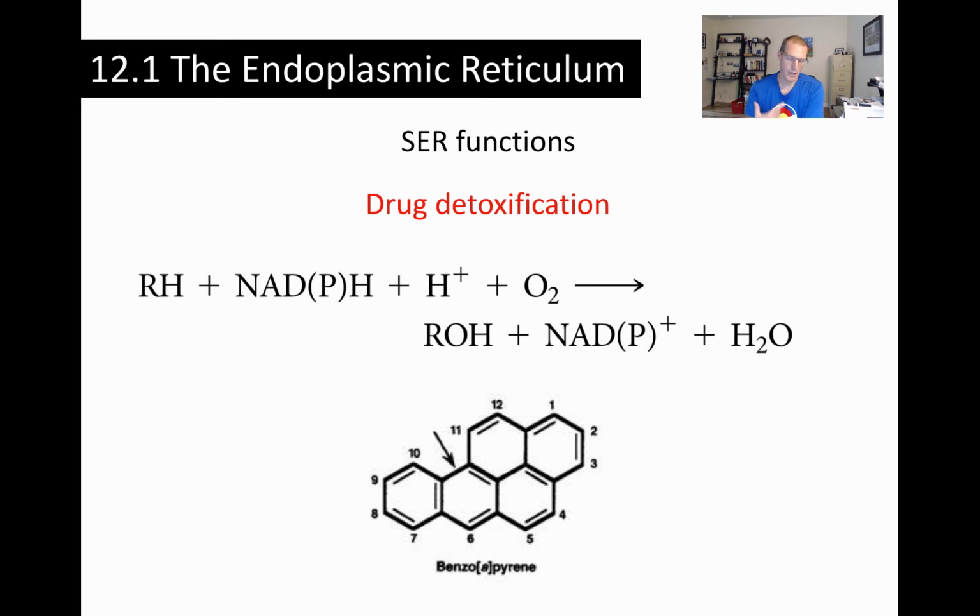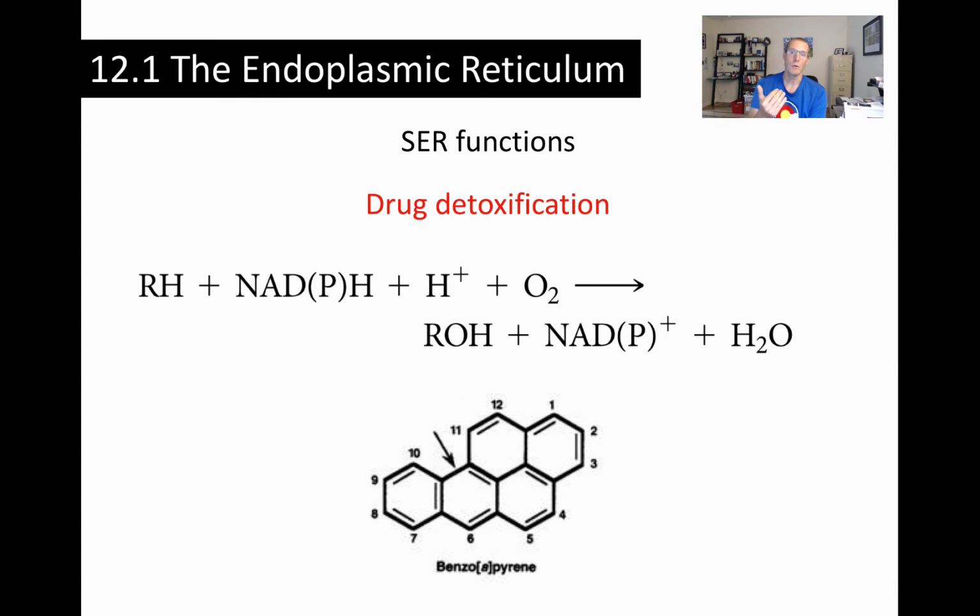What can happen in the cells of organisms is that if you increase the concentration of a drug that you're giving to an animal or a human, and the classic example of this is injecting phenobarbital into rats and increasing the dosage, that increases the expression of the cytochrome P450 monooxygenases, which detoxify the barbiturates like phenobarbital.